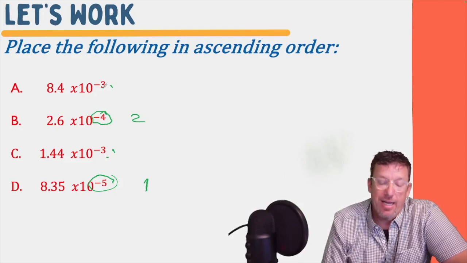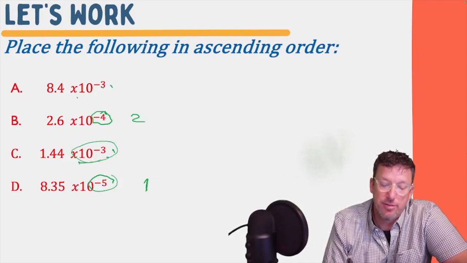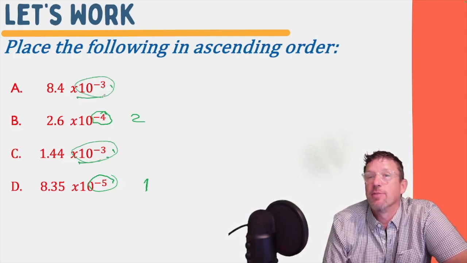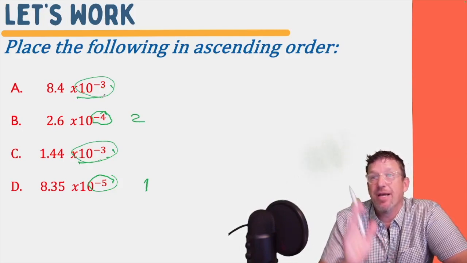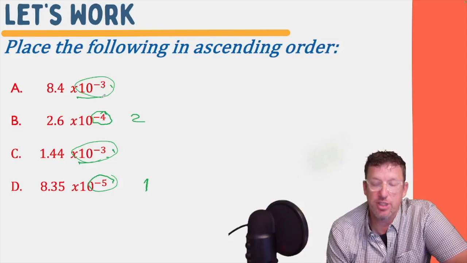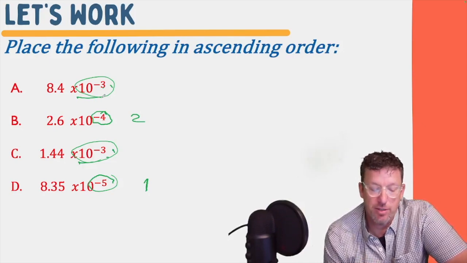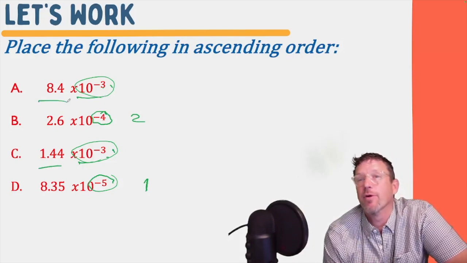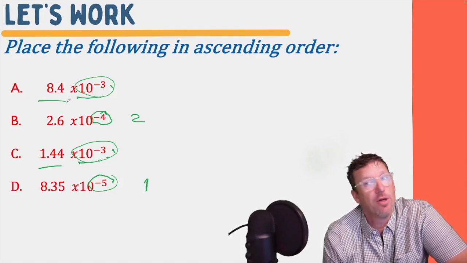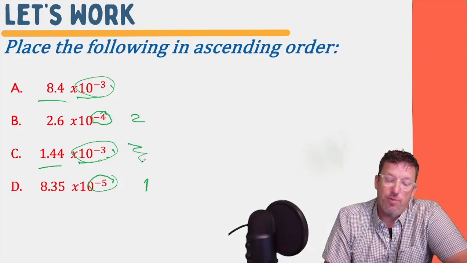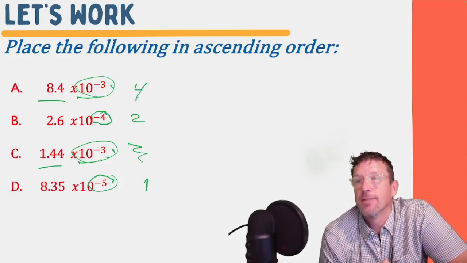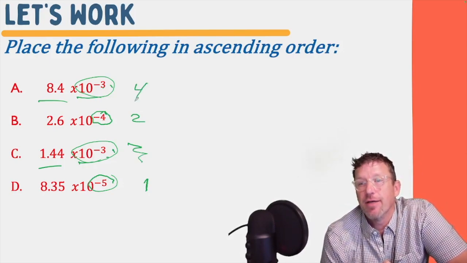Okay, and now finally we got 2 that match. They're only moving the decimal 3 places to the left. So now we look at them and say, okay, we're getting bigger. Which one of these 2 is smaller? Because that would be the next in line. Well, what's smaller, 1.44 or 8.4? When you have the same exponent, all you have to do is look at the coefficient. 1.4 is smaller than 8.4. Make sense? So that's how you solve that.